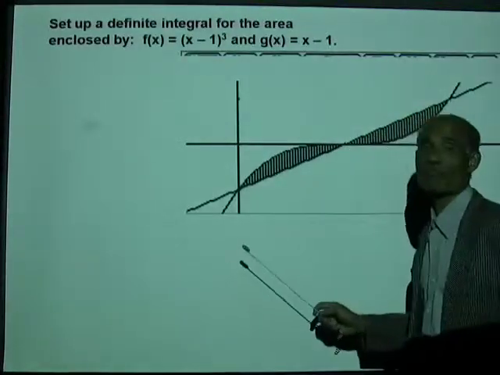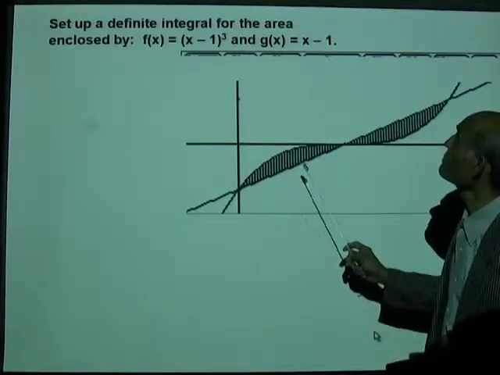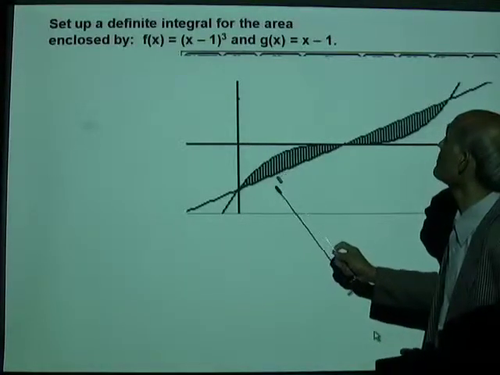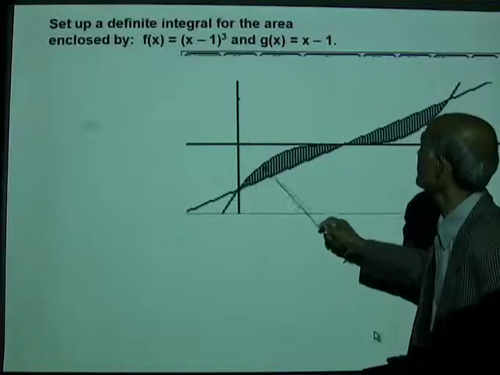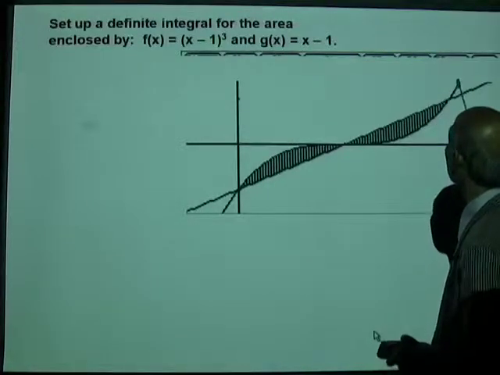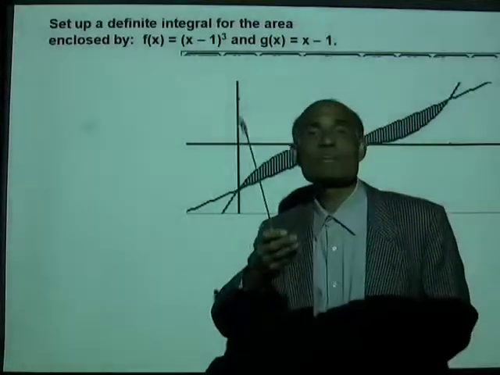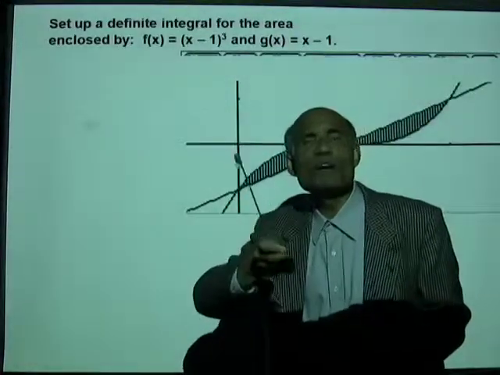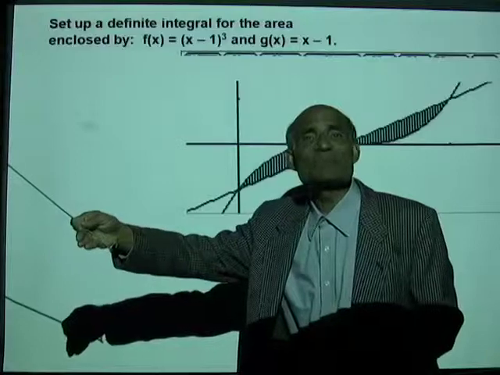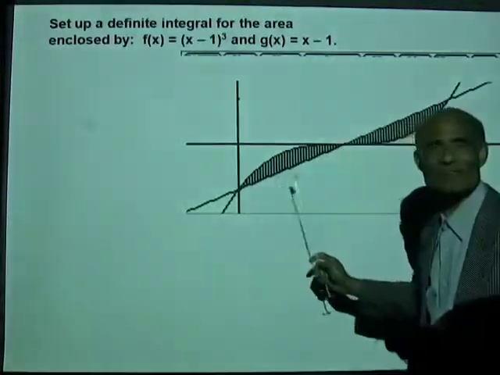Well, here I have the graph of f of x equal to x minus 1 to the power of 3. This is the graph of x minus 1 to the power of 3. You see, it is simply the graph of x cubed translated 1 unit to the right. Is that right?